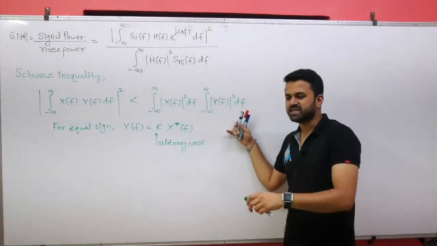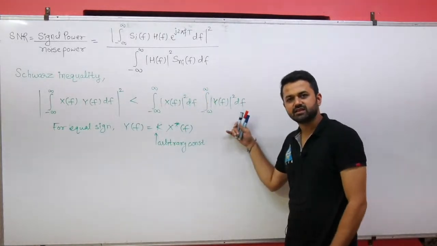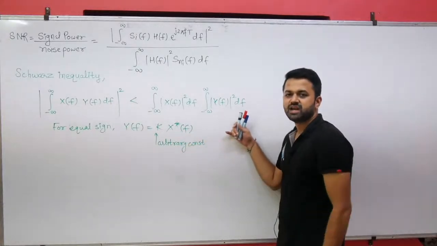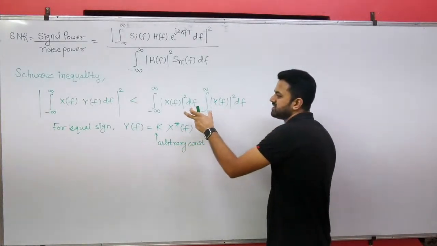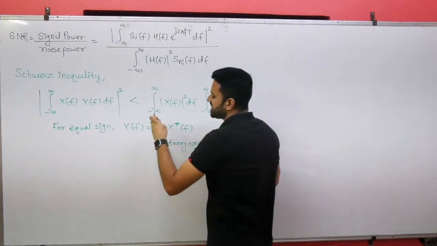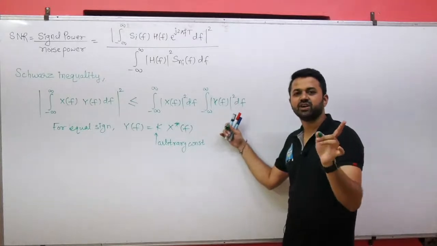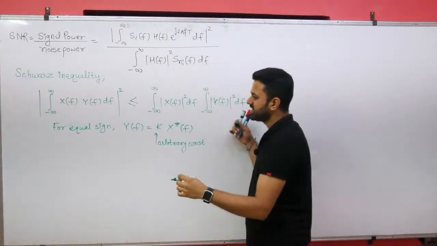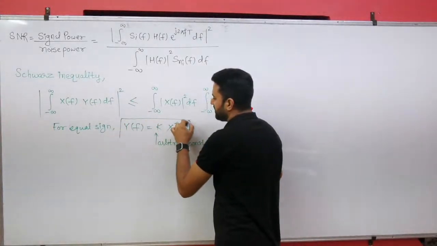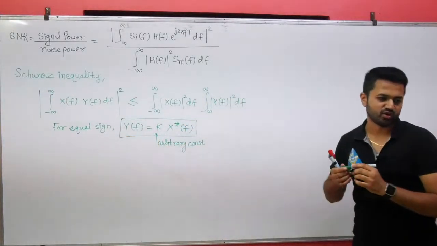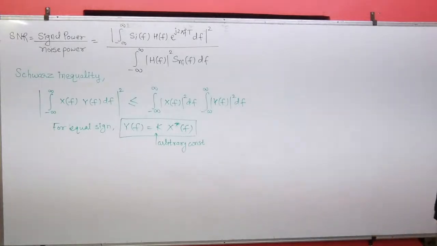So what is the maximum value of the left hand side? The maximum value can be equal to this term, but when you use the equal sign, you have to satisfy one more condition: y of f is equal to k times the complex conjugate of x of f. Is it clear?